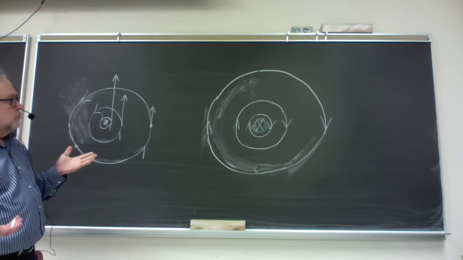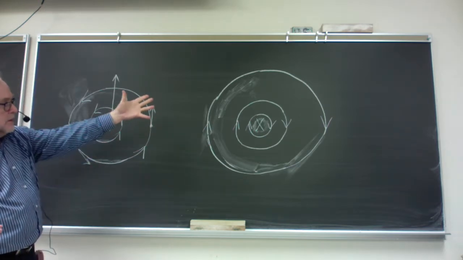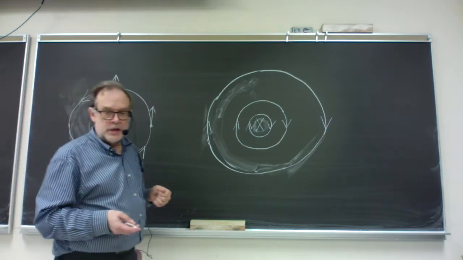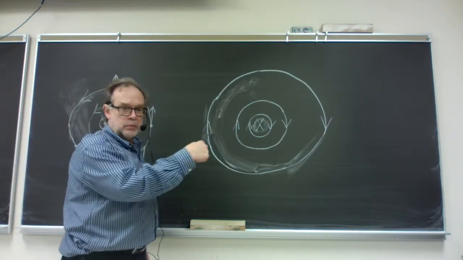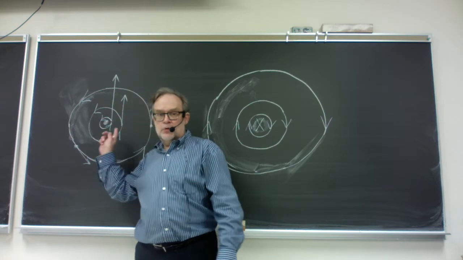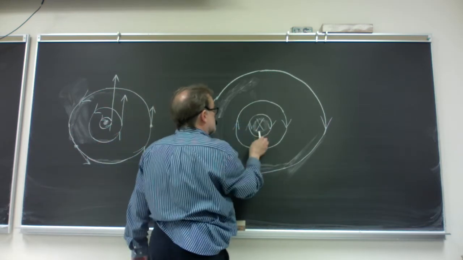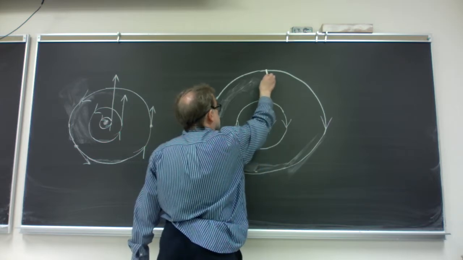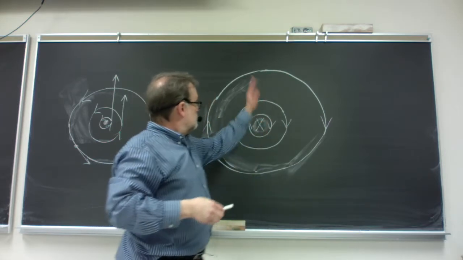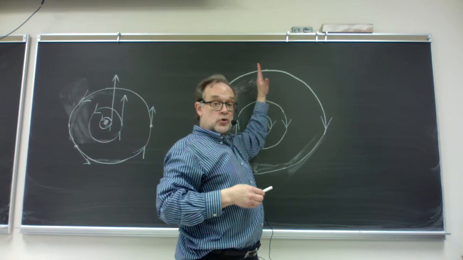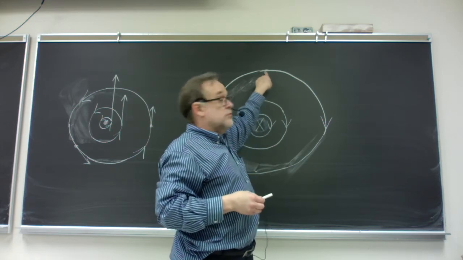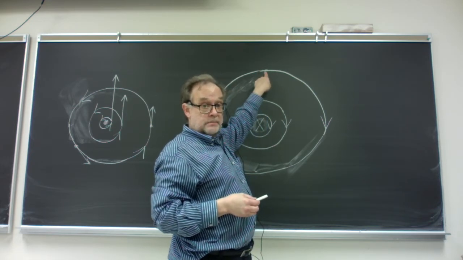And then things would work just the opposite way. In this case, where the current is now moving in the opposite direction, into the blackboard instead of out of the blackboard. So this point right here, in the same vertical plane as the current, would be the very top of the circle.